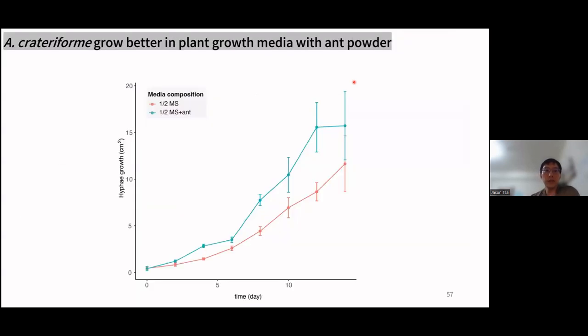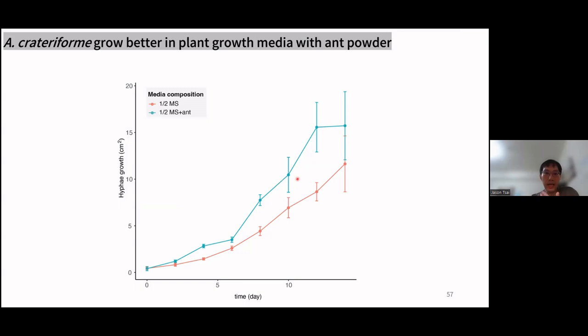So one piece of evidence for why we believed Aquodontium may act directly as a digestion partner in Drosera mucilage is from the growth profiling. Aquodontium exhibits significantly enhanced growth in the ant-supplemented media compared to the standard media.